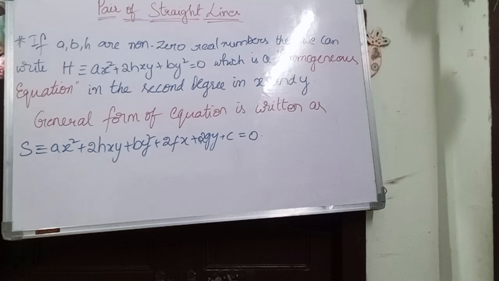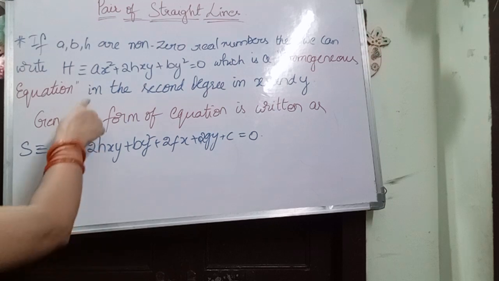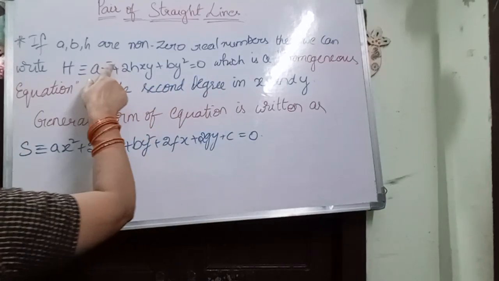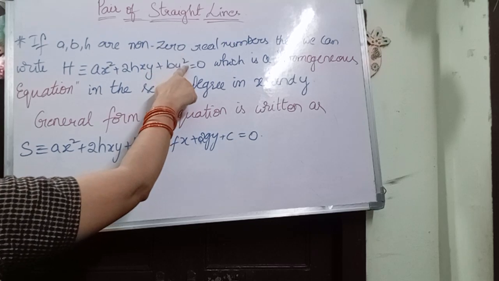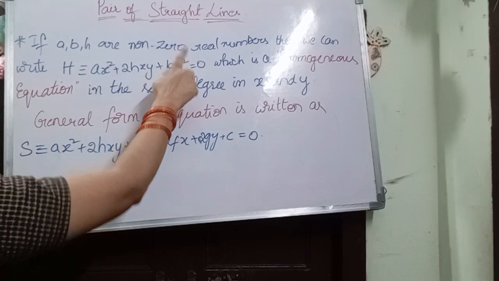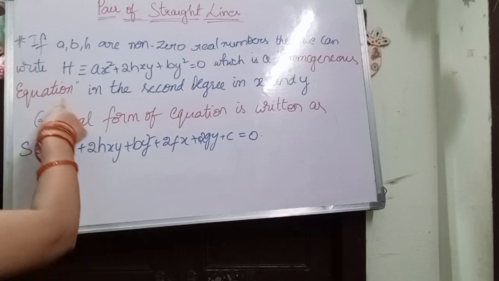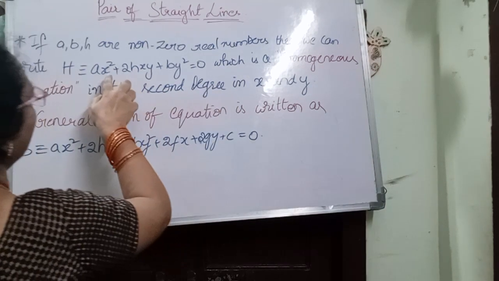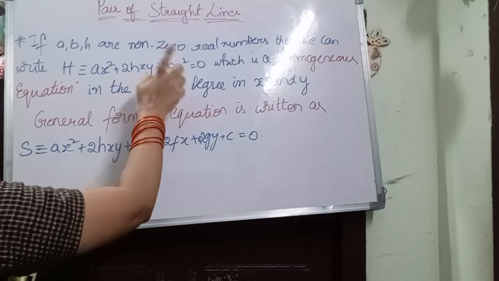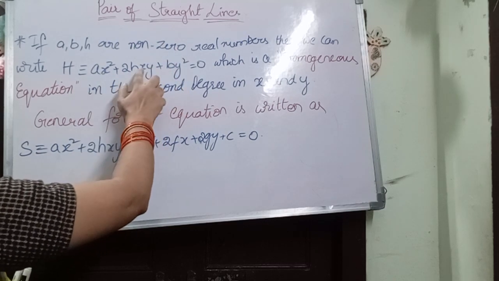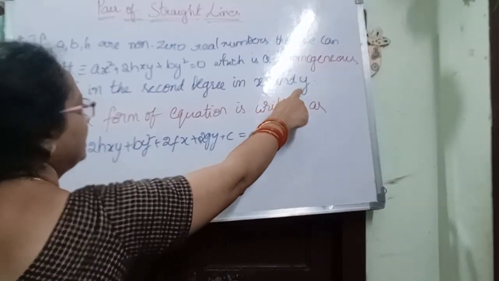An equation is something which has a solution, either a unique solution or otherwise. In a second degree equation, what is the degree? Degree means the highest power in the expression, right? The highest power is 2. And the variables in this equation are only x and y, two variables.